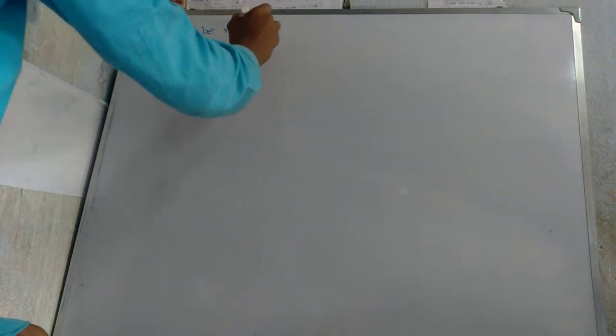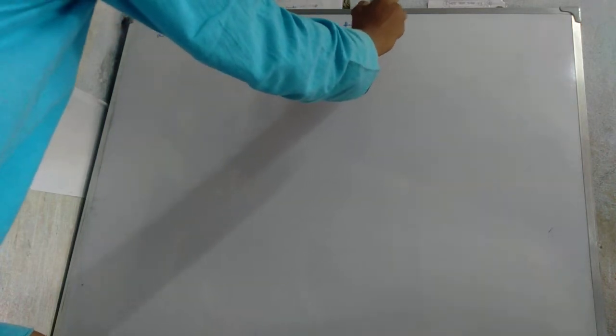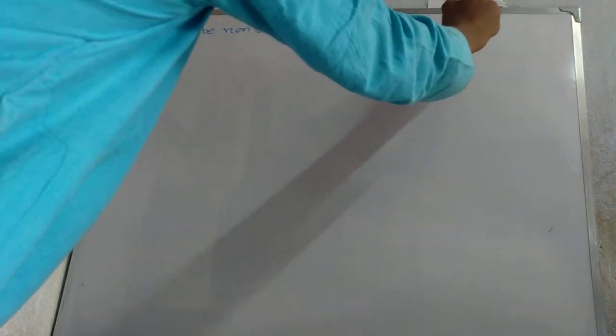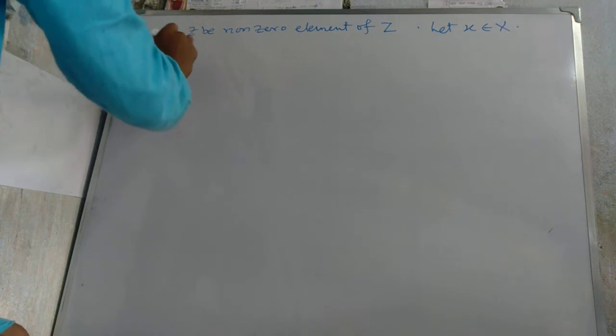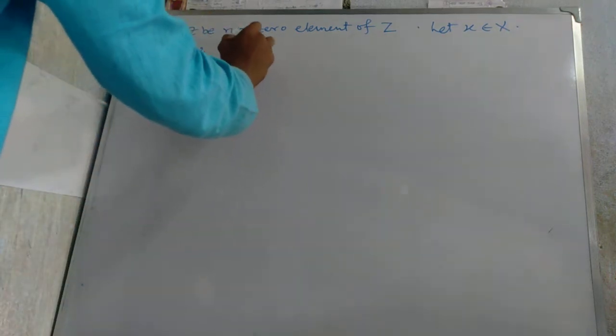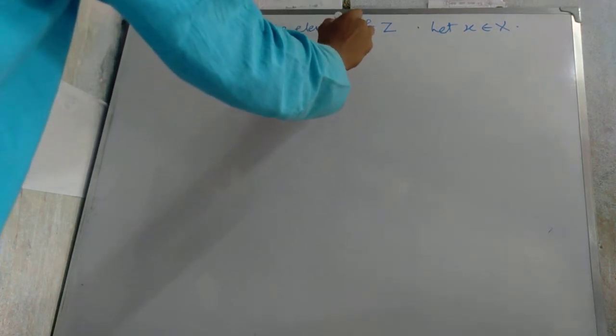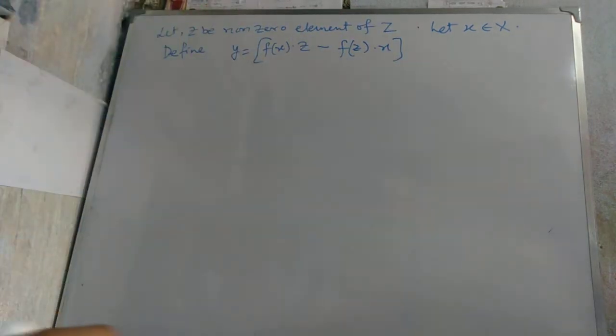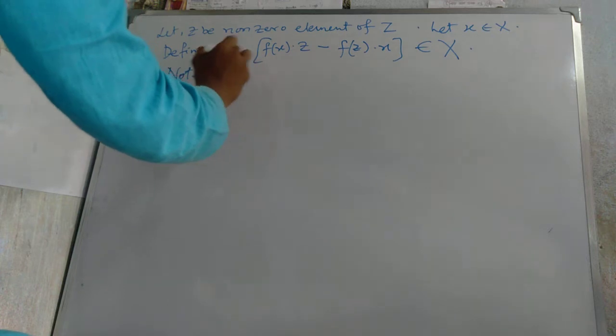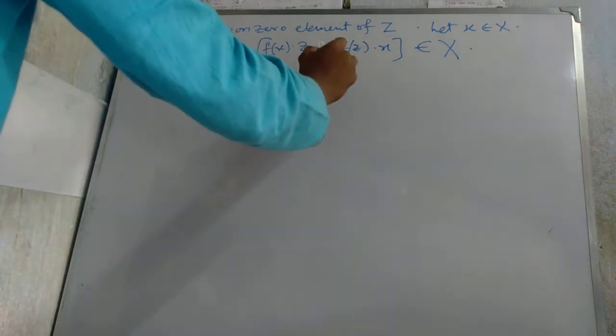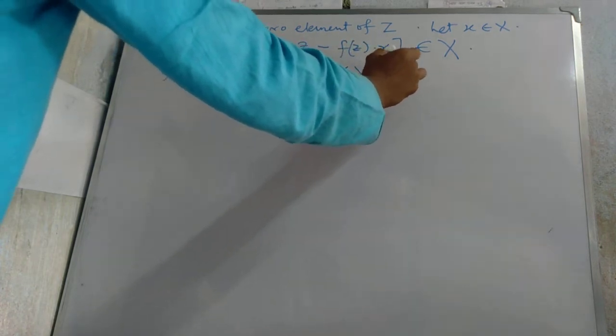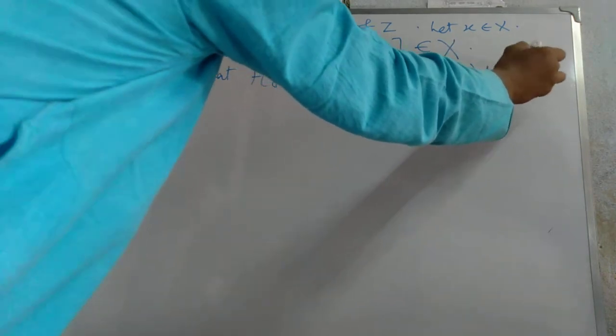Now we write here, let z be a non-zero element of this set, and let x belong to X. Define y equal to f(x) multiplied by z minus f(z) multiplied by x, which belongs to X. Now note that f(y) equals f(x)f(z) minus f(z)f(x), which equals 0.